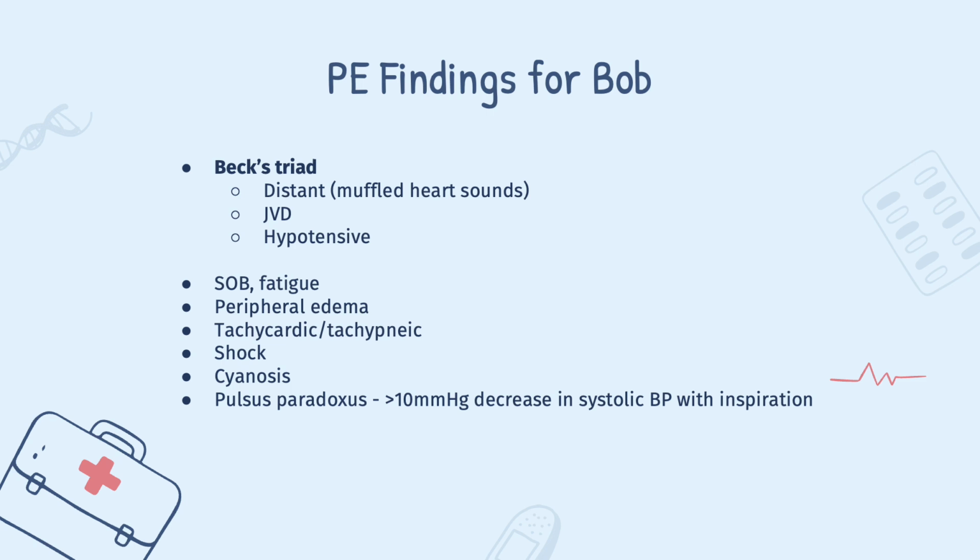But they also will be short of breath, fatigued. They could have peripheral edema, tachycardia, tachypnea. They'll be shocky, with cyanosis and pulsus paradoxus, which is a 10 millimeter of mercury decrease in systolic pressure with inspiration.